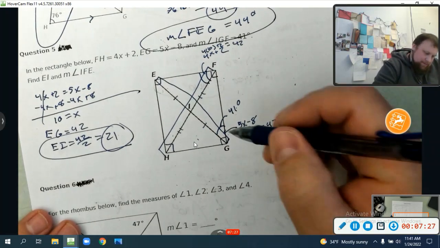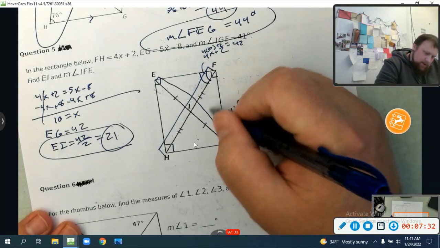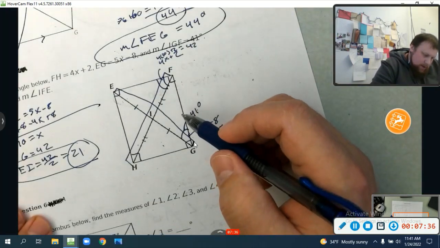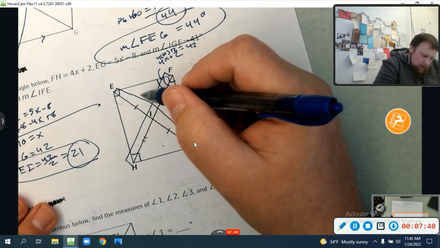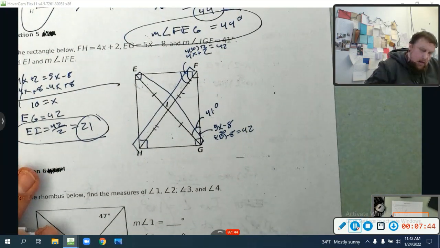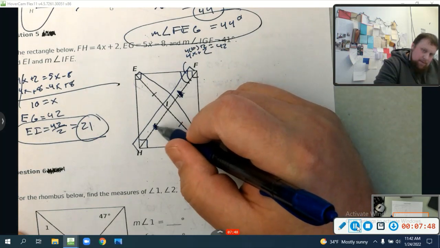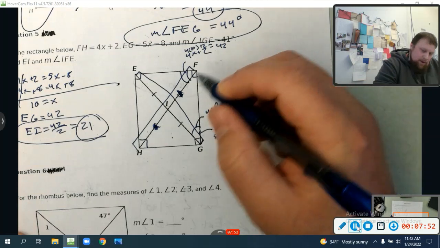So let's see. If this angle right here is 41, then I know that, I forgot to write, by the way, these sides are the same because they're not only perpendicular bisectors, they're the same exact length, right?